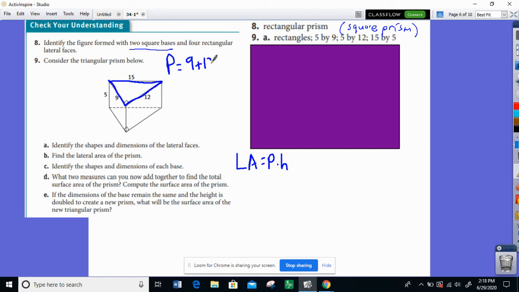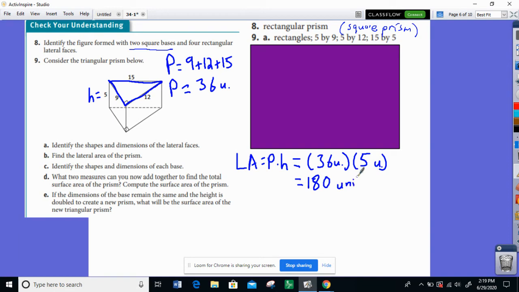So 9 units plus 12 units plus 15 units, that's going to be 21 units here, plus 15 units is 36 units. So now we're going to have the 36 units times 5 units for the height. That's this height right here. So that's going to be 180 units squared.